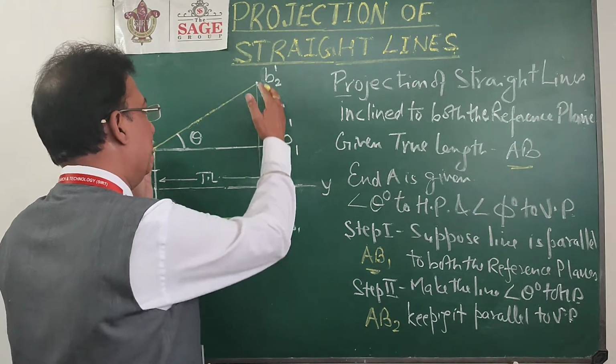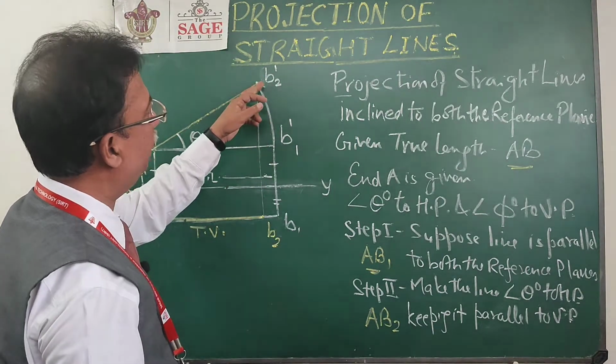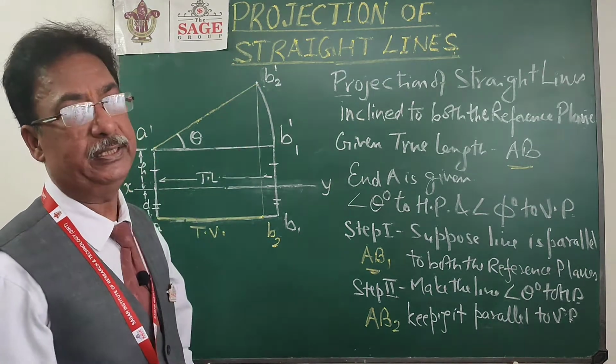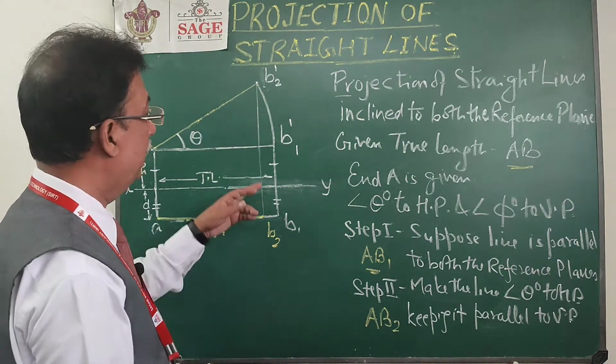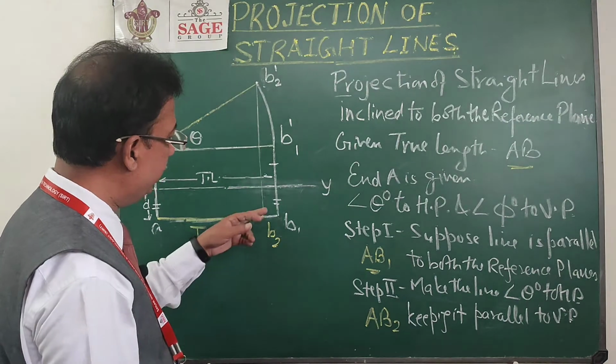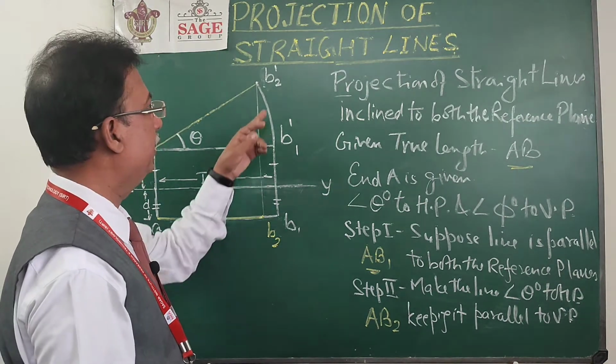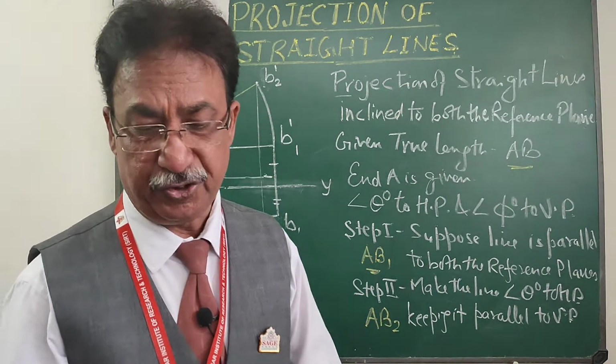One more thing will be fixed. Whenever I make it inclined to HP by some angle, the distance of the point B2 dash from the XY line is changing, from the HP will be changing. Now if I make this line inclined to VP, then the distance of the top view will change. The distance of the front view will not change again.